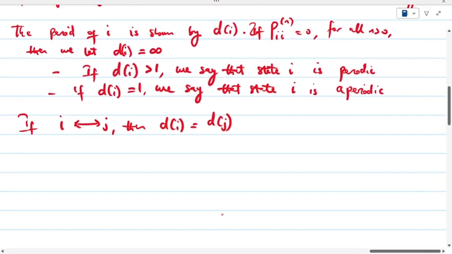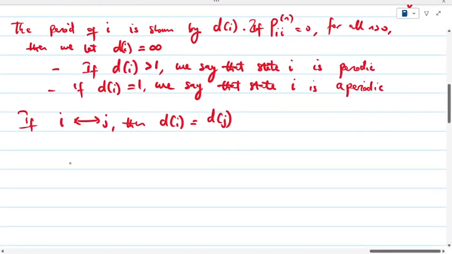The importance of periodicity is that it plays an important role when we are discussing the limiting distribution. And it also turns out that in a typical problem whereby we are given an irreducible chain, we need to check if it is aperiodic or not.